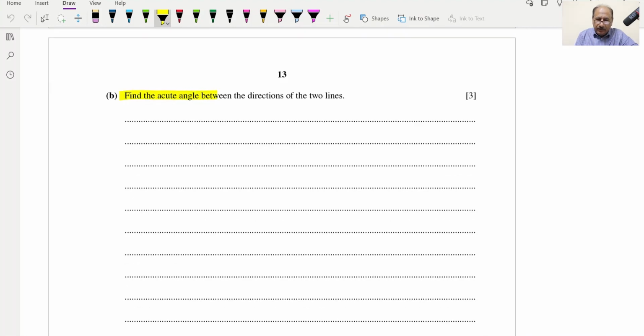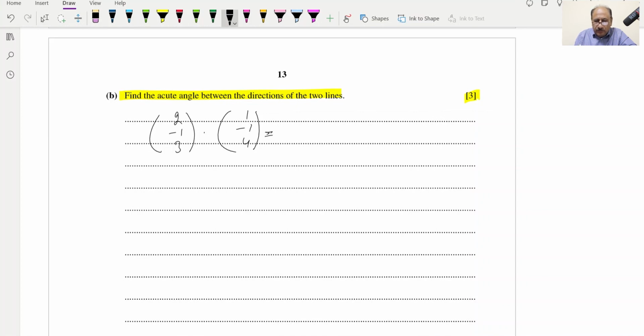B part: find the acute angle between the directions of the two lines, and this is 3 more marks. So we can use the scalar product of direction vectors, and this will be (2, -1, 3) multiplied by (1, -1, 4), and this is equal to the magnitude of this one times the magnitude of this one times cos theta.